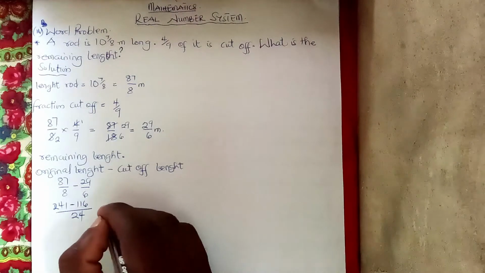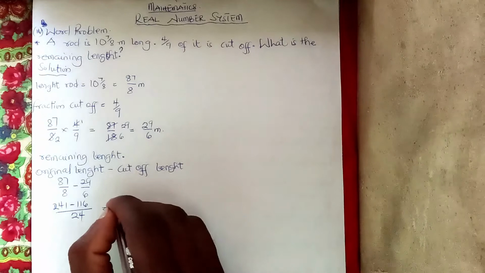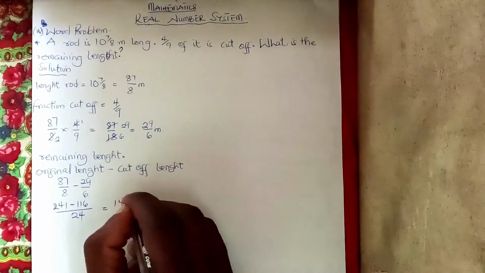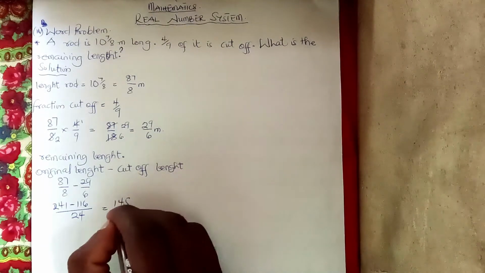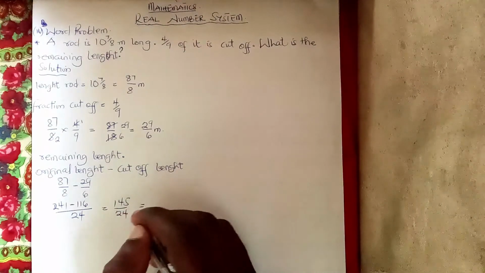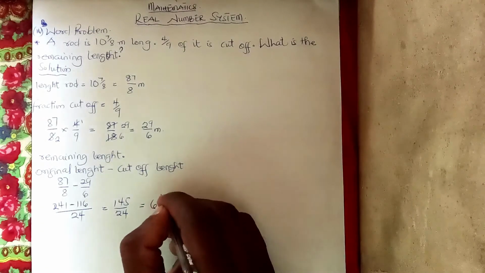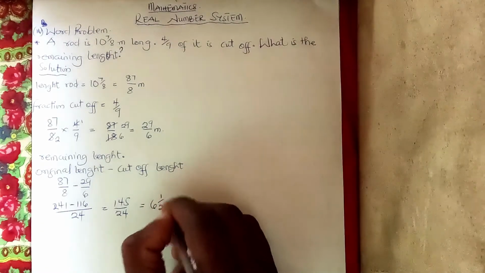Now we subtract them. When we subtract them, we are going to get 145 over 24. We have to change this into the mixed fraction form, making it 6 whole number 1/24.